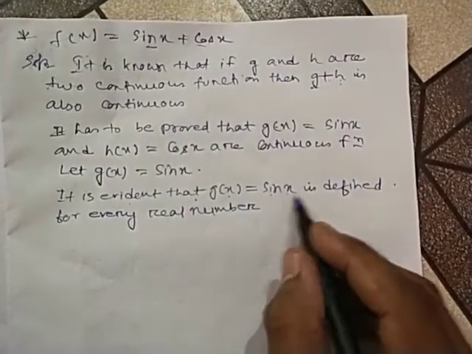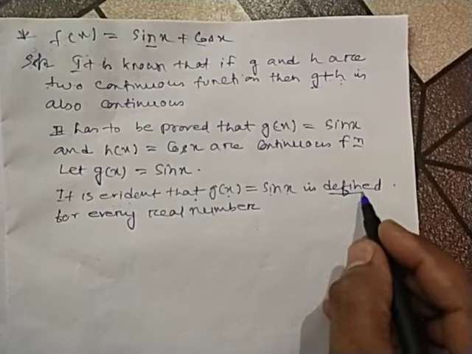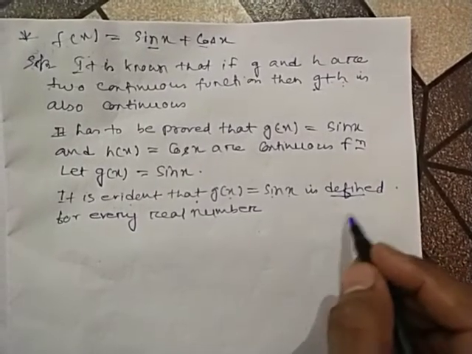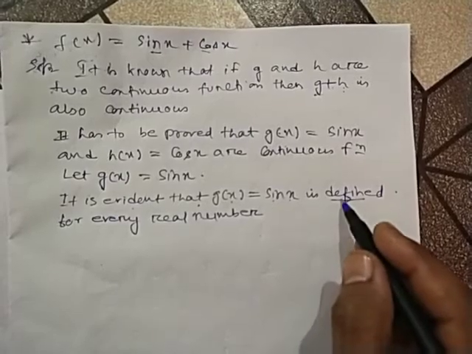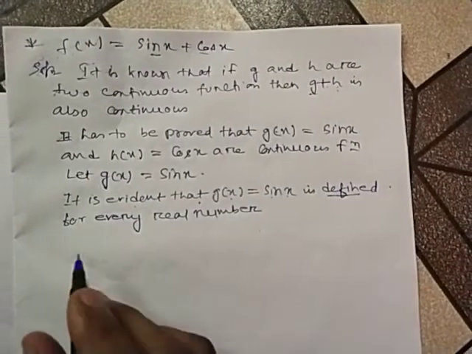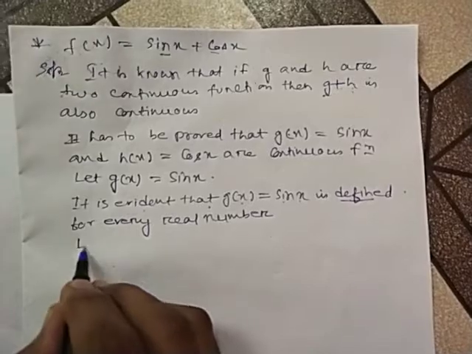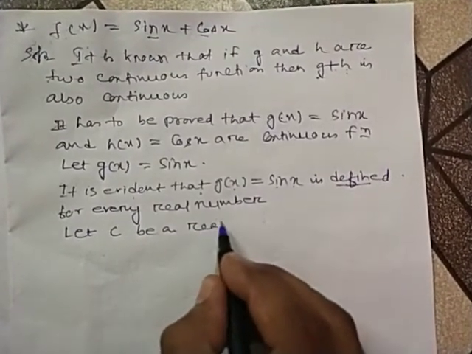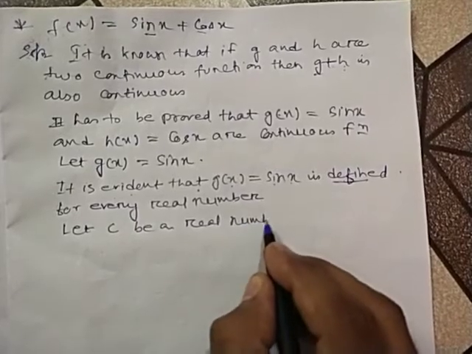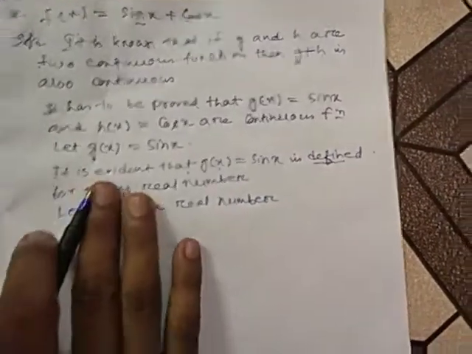I have not told you continuous, I have told you defined. It can be defined but may not be continuous, and sometimes it is defined and it can be continuous also. Next, let c be a real number.